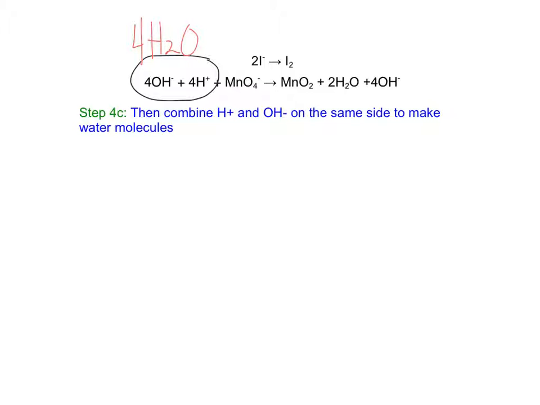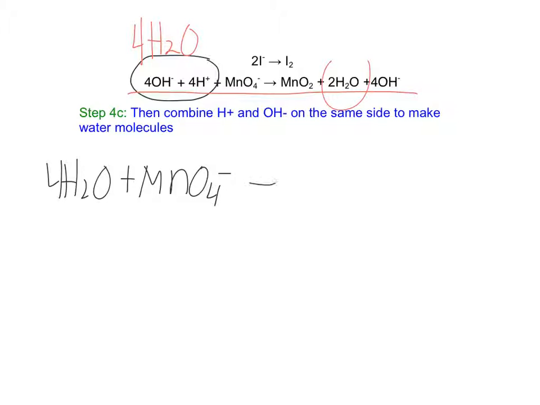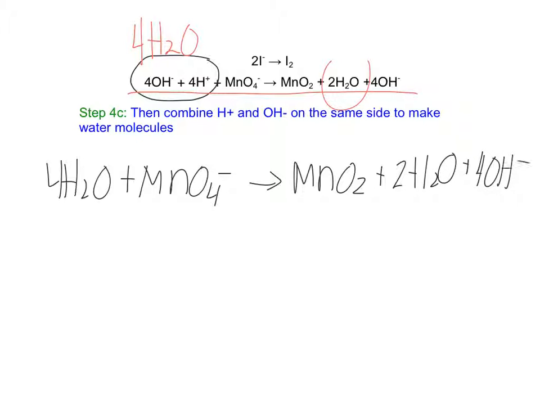Now, you can cancel within an equation if you would like, or you can carry your water molecules on. Your call. We can cancel 2 with the 2 waters there. Just for simplicity, because we're working so hard and there's so much new stuff happening, I'm going to keep all of them here. So it makes MnO2 and 2 waters and 4 OHs.